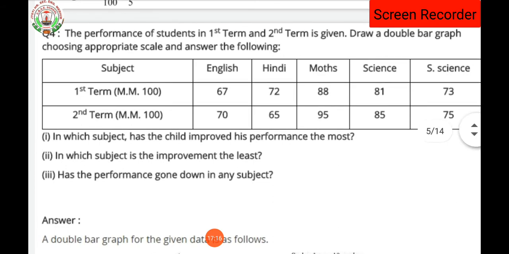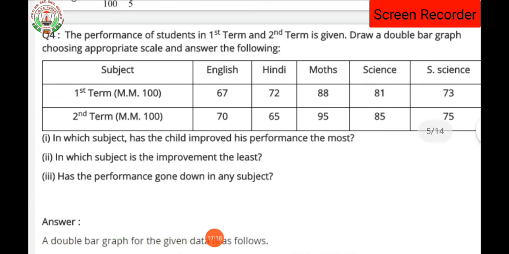In general science, 2 marks increased, isn't it? Then in the other subject 3 marks increased. So the most marks increased in maths, from 88 to 95. So maths, where the child improved his performance the most, is the answer.